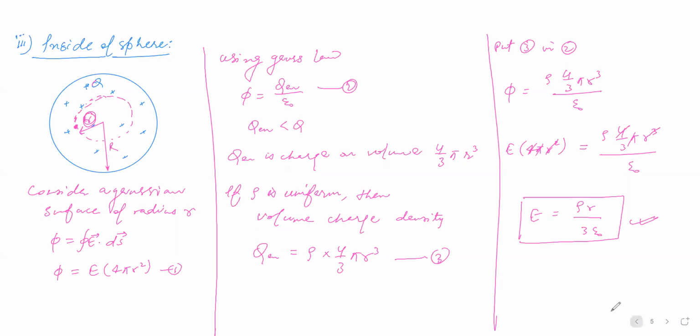And now, how many equations are here? There are total 3 equations which we have calculated in this heading. First one is E outside, which is rho r cube over 3 epsilon naught r square.